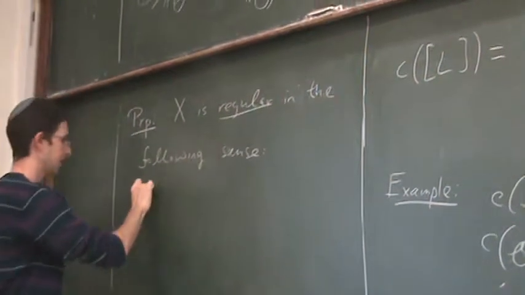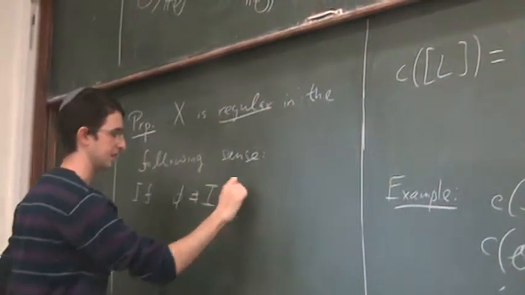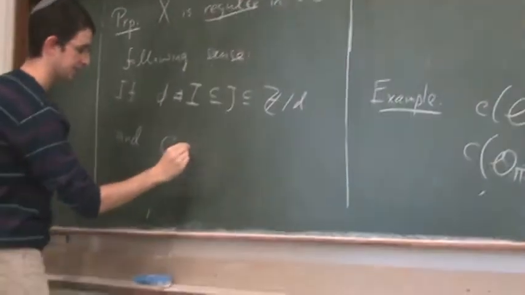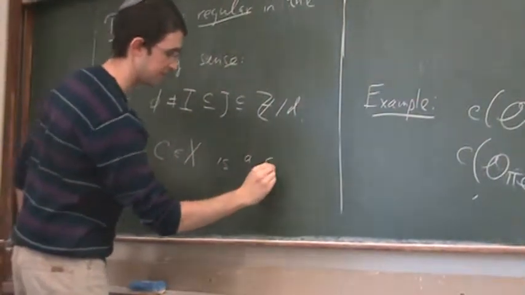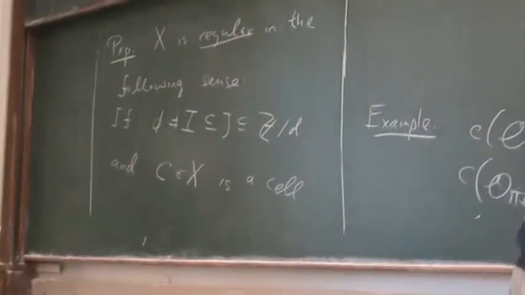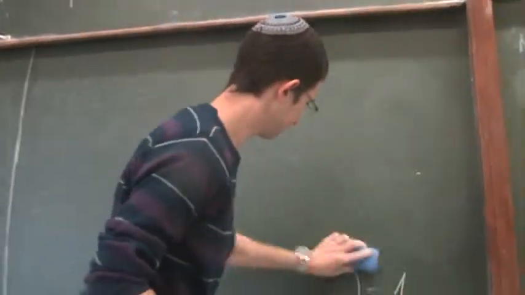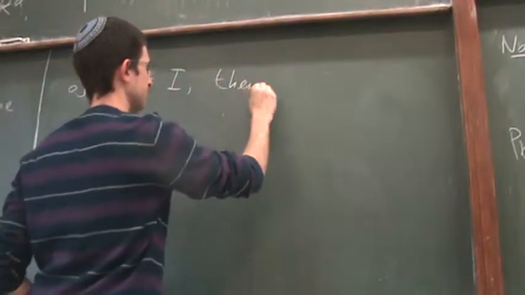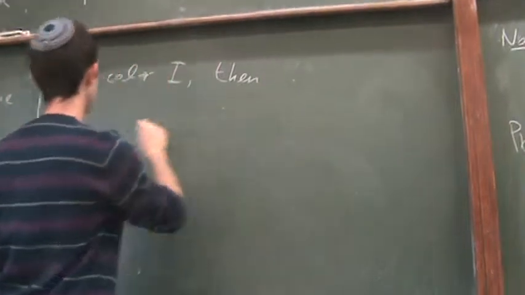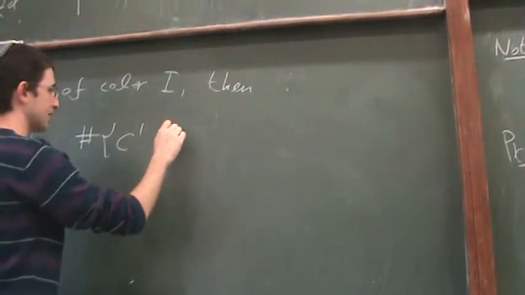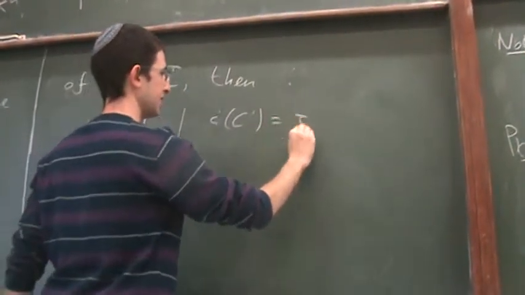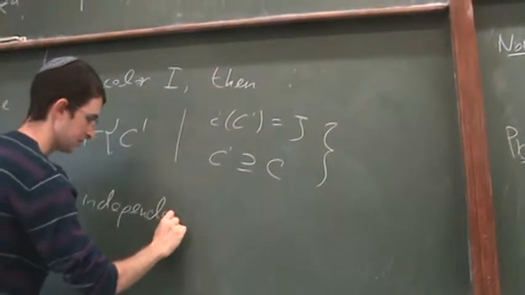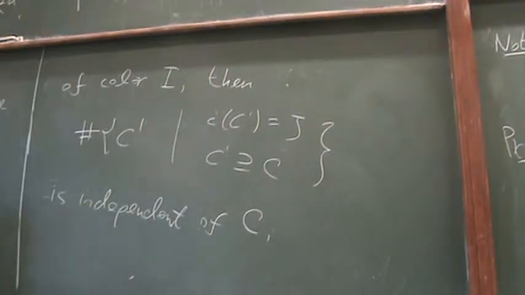If I containing J containing Z over d is a set of colors, and C inside X is a cell of color I, then the number of C prime of color J, where C prime contains C, is independent of C. It only depends on I and J.